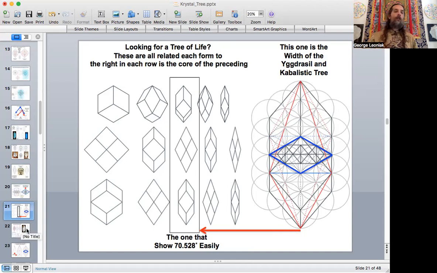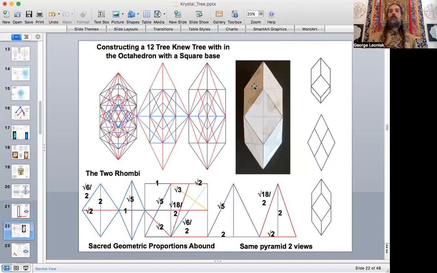And that form looks like this here. And here it is from a few different views, and contains the doubling sequence pyramid in it, facing up and once again facing back down. And that's what these lines are going to be indicating on these structures.